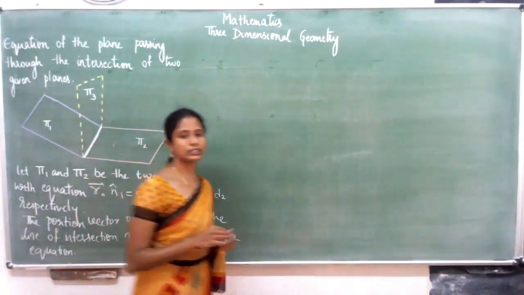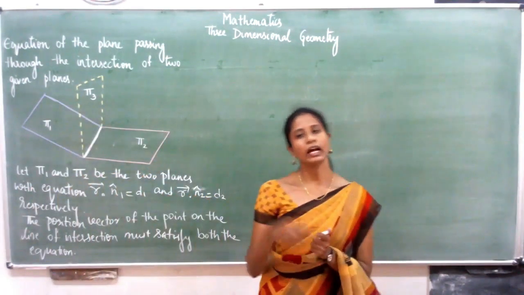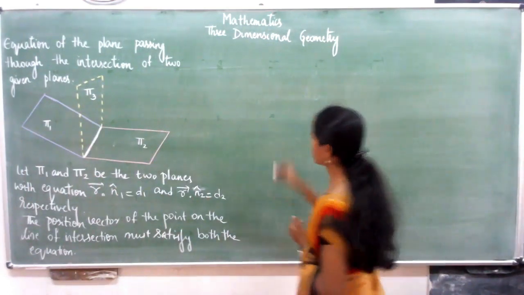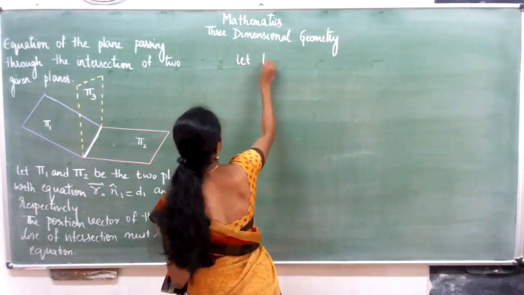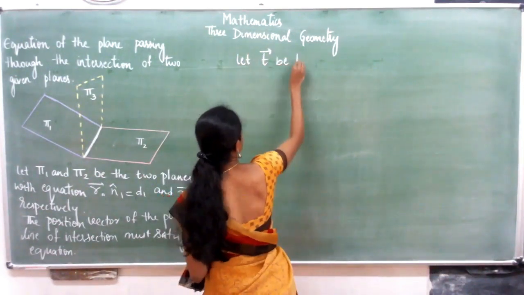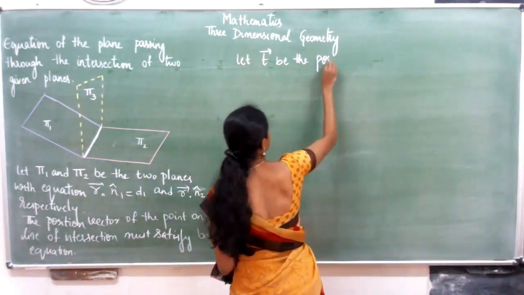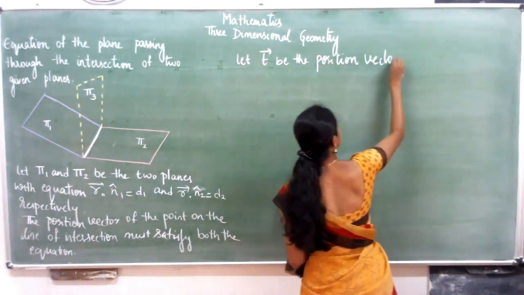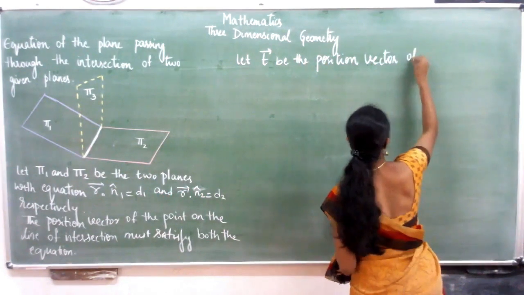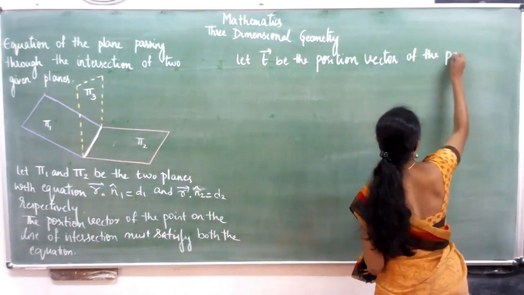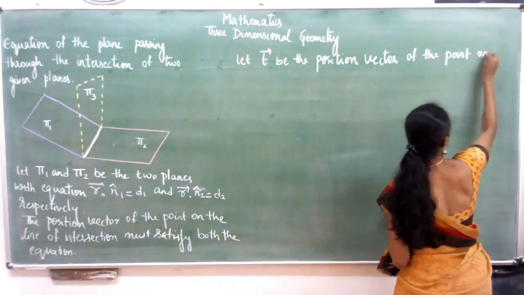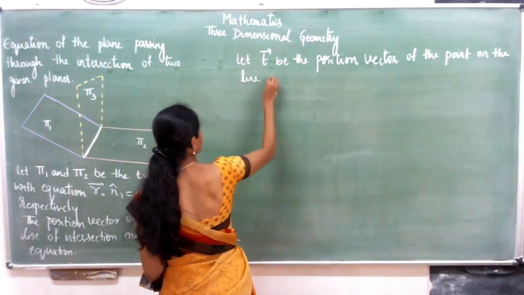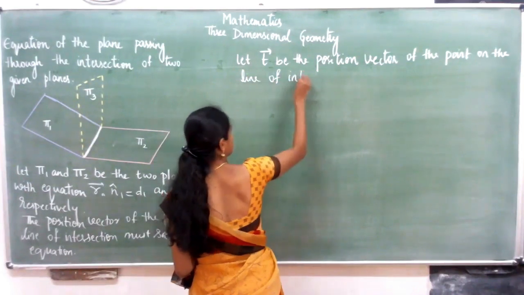Okay, so let us think. We have considered one point and that position vector, I'll call it t. So let vector t be the position vector of the point on the line of intersection.